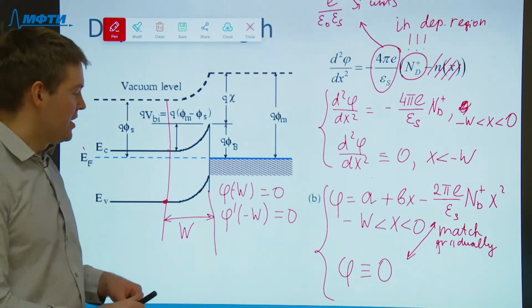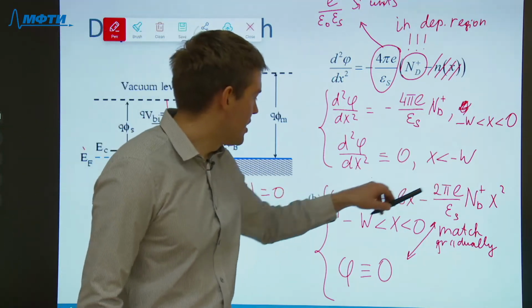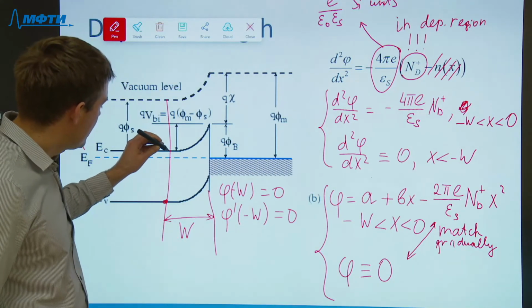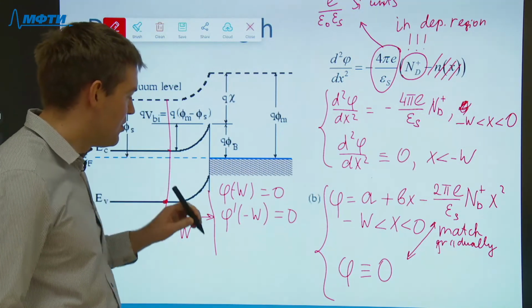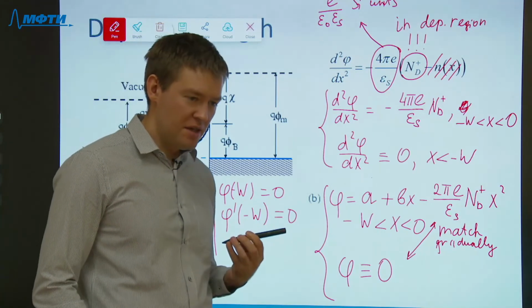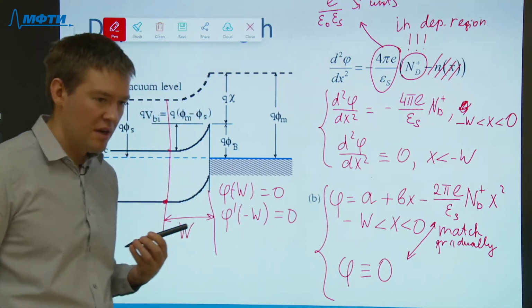It means that this parabolic function should be 0 at the matching point, and its derivative should be 0 at the matching point.